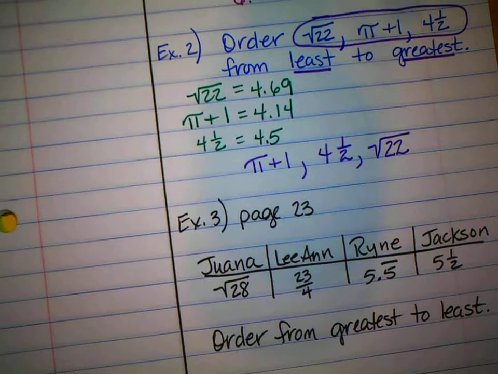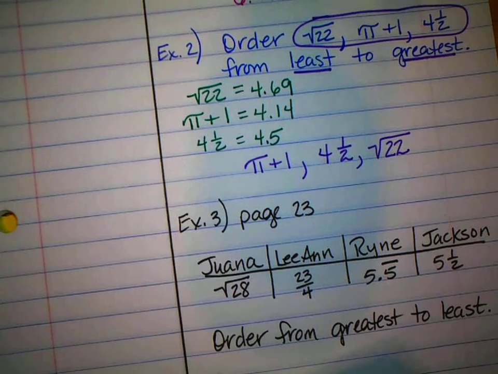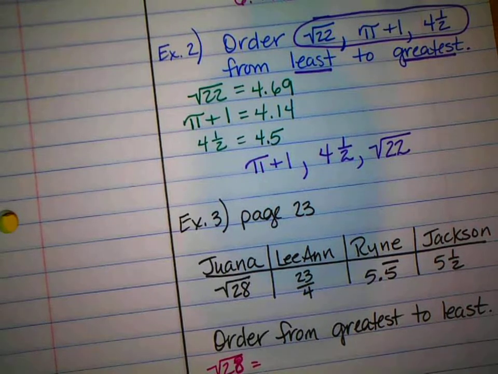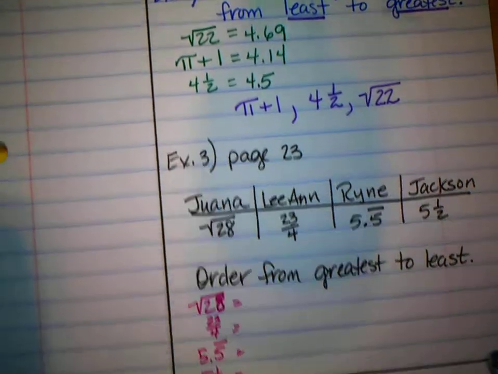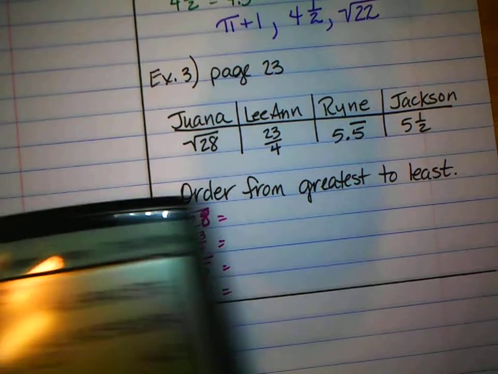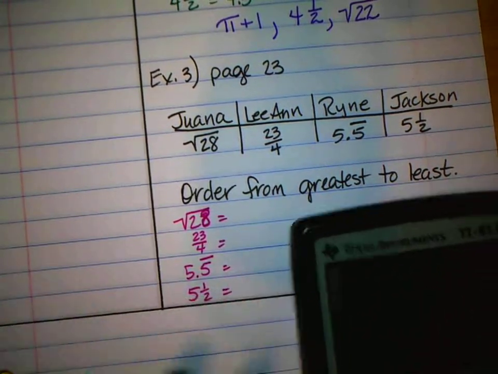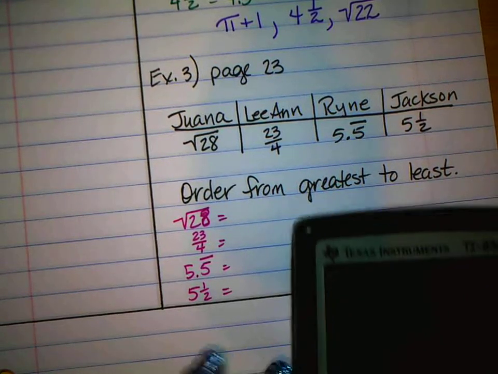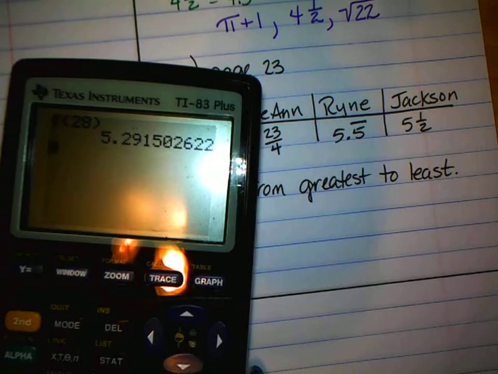Again, I want to do the same thing that I did before, and I want to use my calculator to approximate all 4 of these numbers. So I'm going to do the square root of 28 first. 5.29.